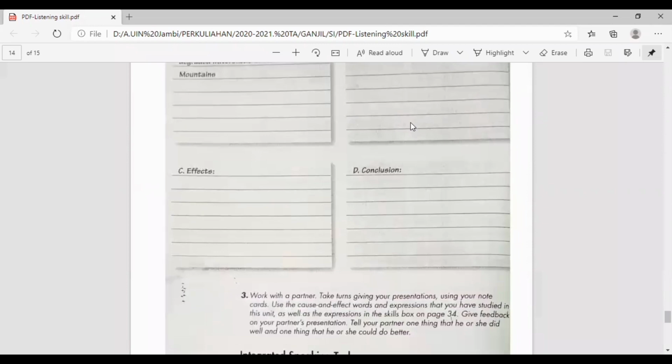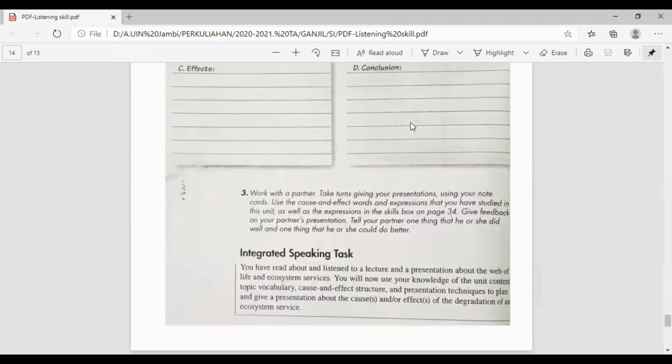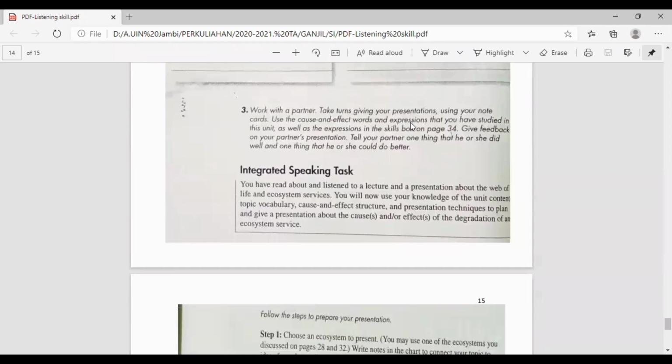Well, now, guys, let's continue for the last things to do in this meeting. Work with a partner. Take turns giving your presentation using your note cards. Use the cause and effect words and expressions that you have studied in this unit, as well as the expressions in the skill box on the previous page.